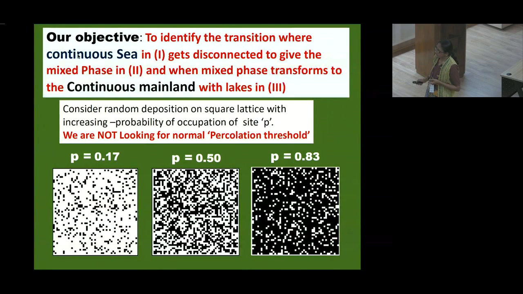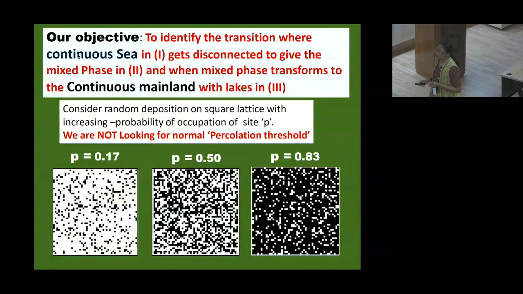As we increase P, when we have 50% black, 50% white, we have something like this. And when we increase P much further, we have here a black connected system and scattered white islands in it, or lakes or whatever you call it.